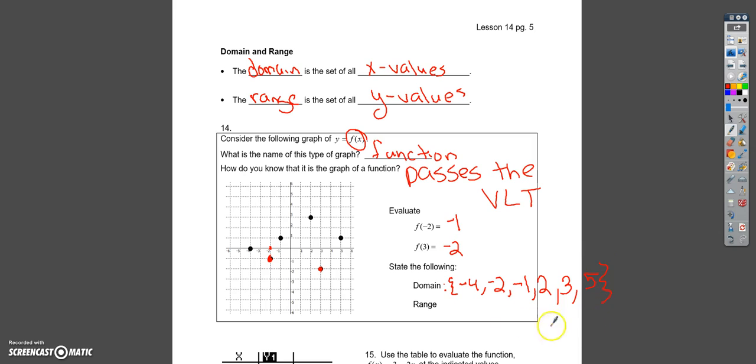So all of those x values are used. Now let's look this way and see which y values are used. Negative 2 is used. Negative 1 is used. 0, 1 is used twice, but we only write it once. And 3. So negative 2, negative 1, 0, 1, and 3.